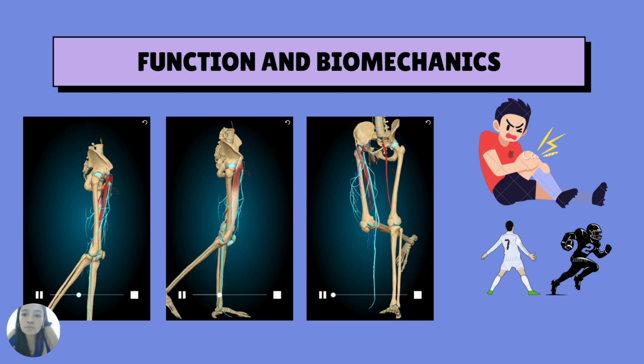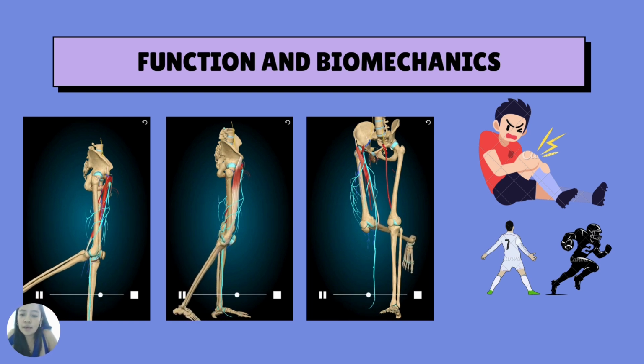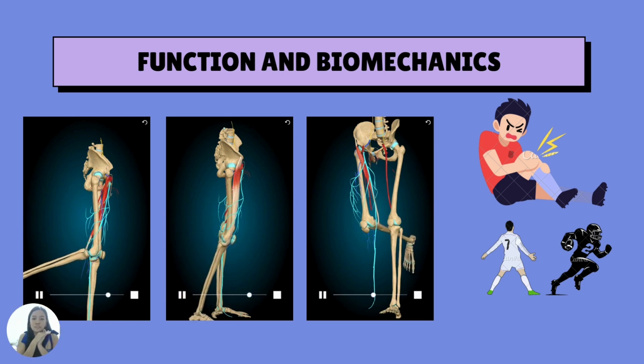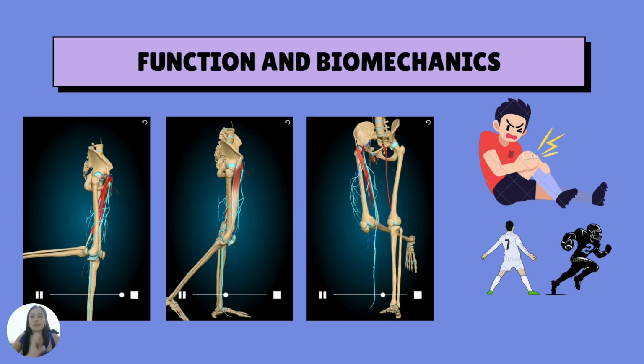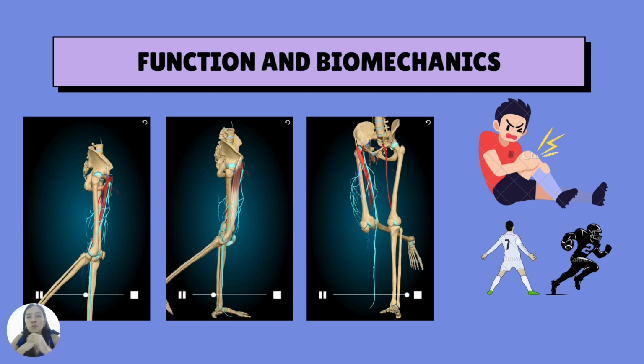The flexibility combined with strength makes the knee both versatile and vulnerable to injury, especially in sports where we have to support a lot of weight or sudden movements. We can lose control of our movements, injure our knee and produce a lot of pain.